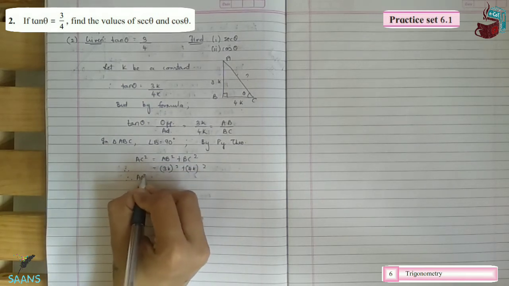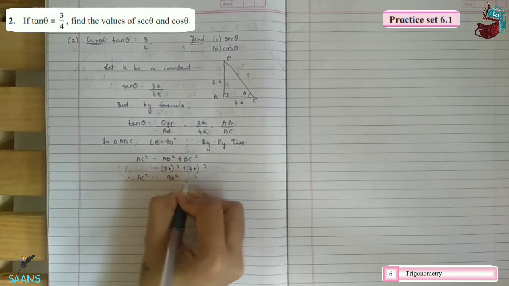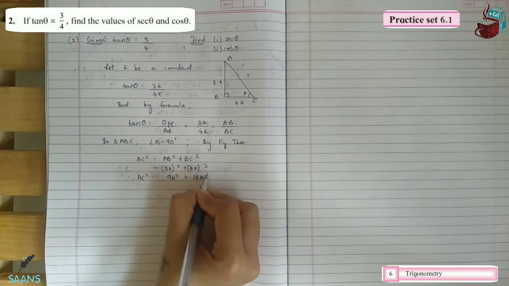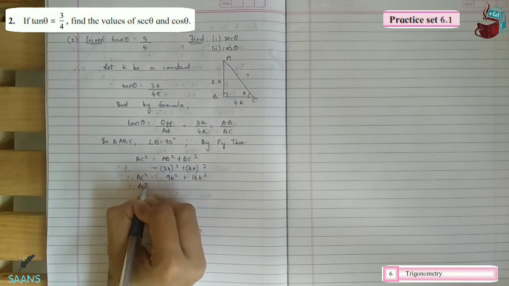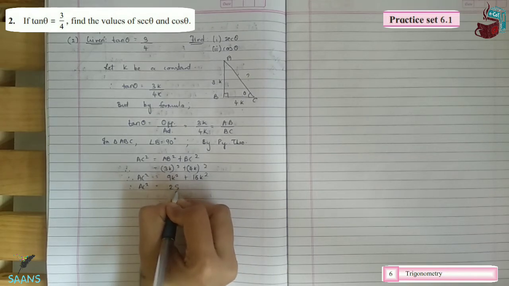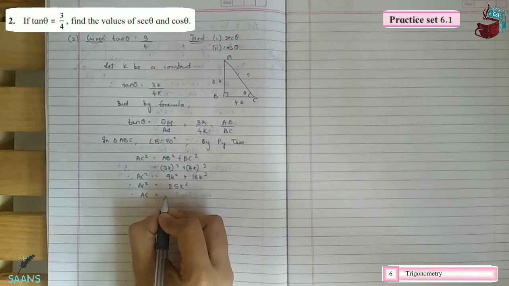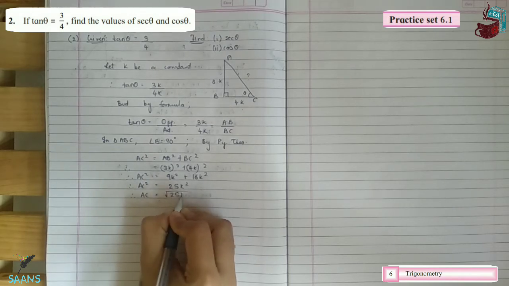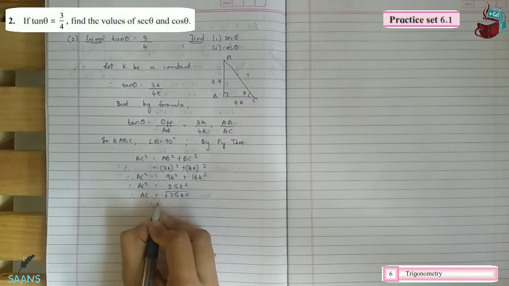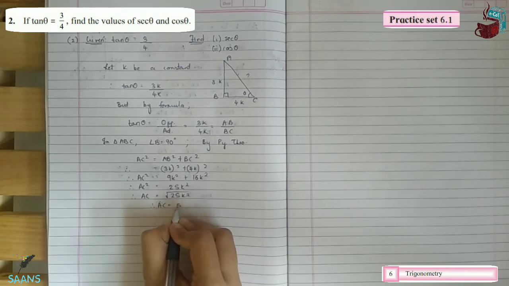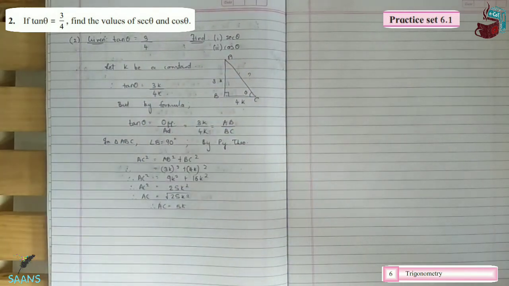Therefore, AC square is equal to 9k square plus 16k square, which is 25k square. Therefore, AC is equal to under root 25k square, so AC is equal to 5k. So, we found AC to be 5k.